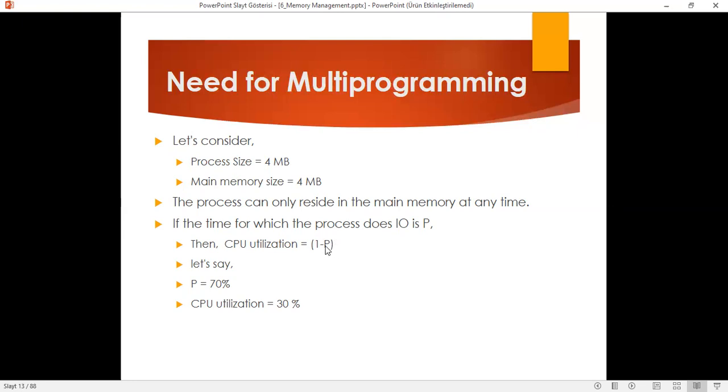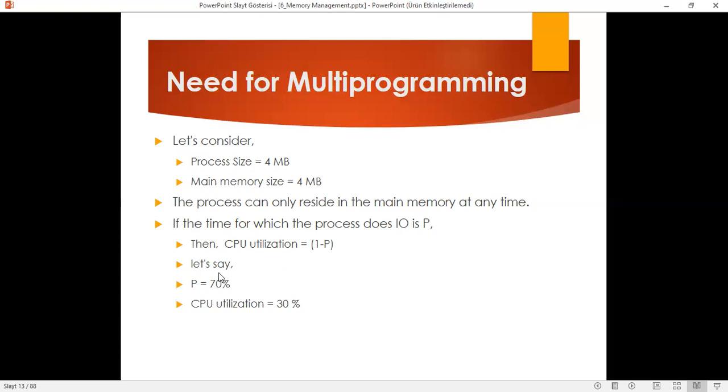If it is 1 process, it is p to the power of 1. If it is 2 processes, it is p to the power of 2, like that. So I can put only 1 process in my memory.